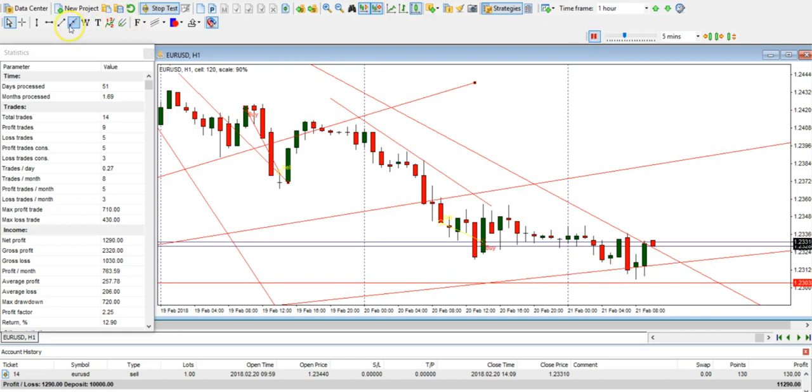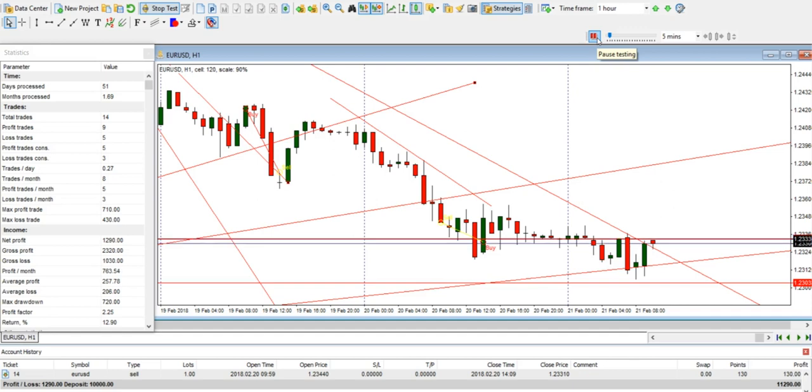Okay, so there's the buy line penetrated. We wait for price to go through the line.